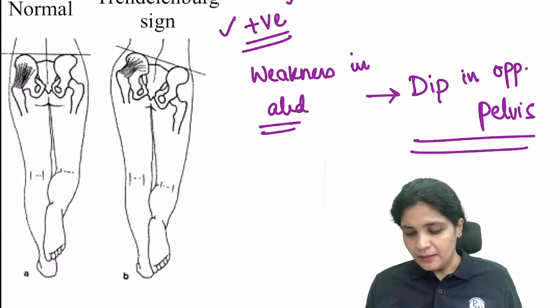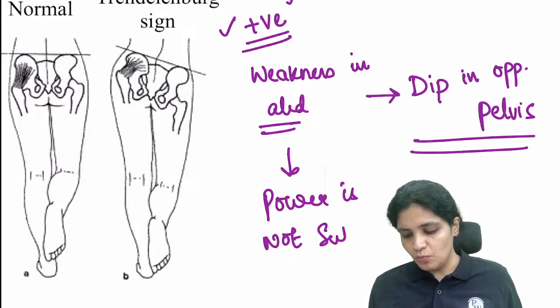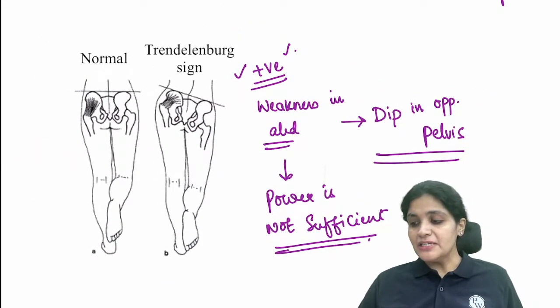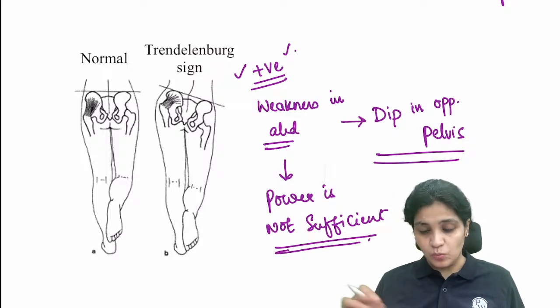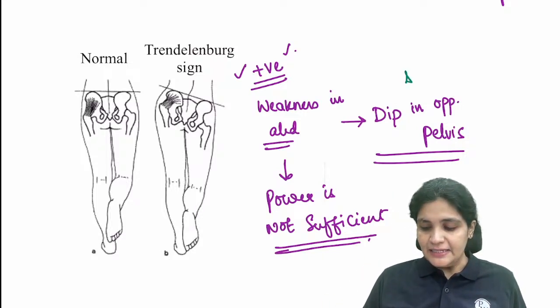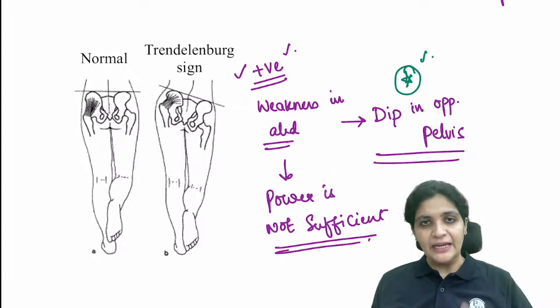That means the power is not sufficient. What is this power actually doing? This power is actually lifting the opposite pelvis, but here because it is weakened, it cannot lift the opposite pelvis, hence this is seen as a dip in pelvis, which is called the Trendelenburg sign positive.